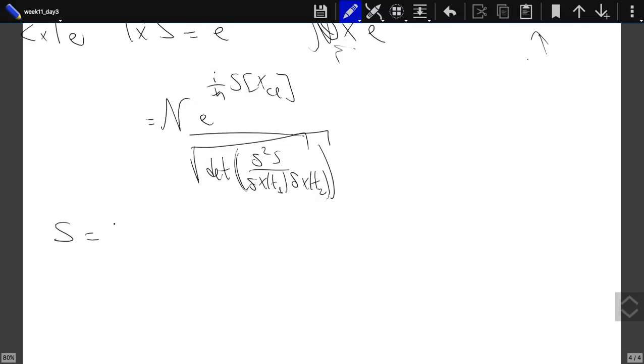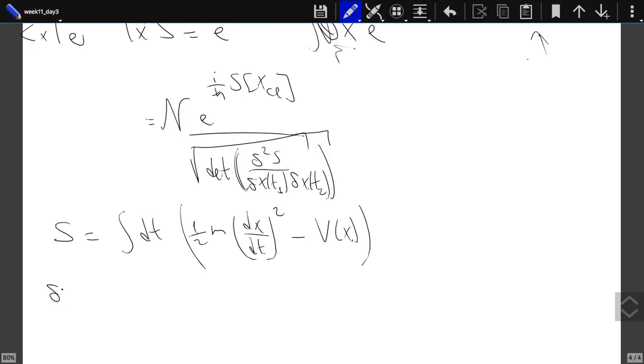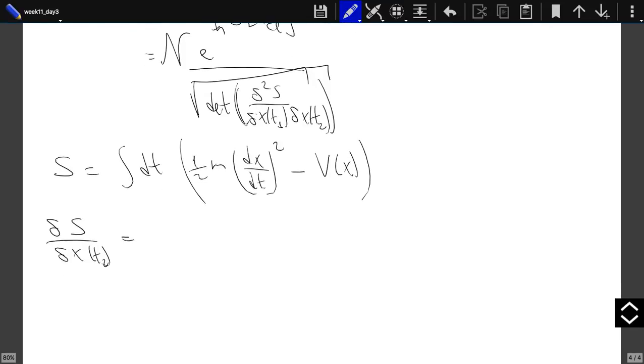Now let's take S to be the integral of dt of 1 over 2 m (dx by dt) squared minus V of x, and take del by del x at t2. This was equal to, well, the derivative of the first term we had already evaluated, and it was minus m d squared x by dt squared, and minus dt times the derivative of V with respect to x of t.